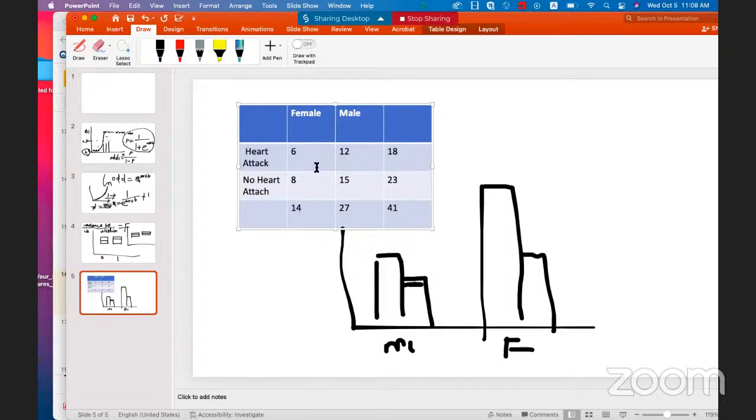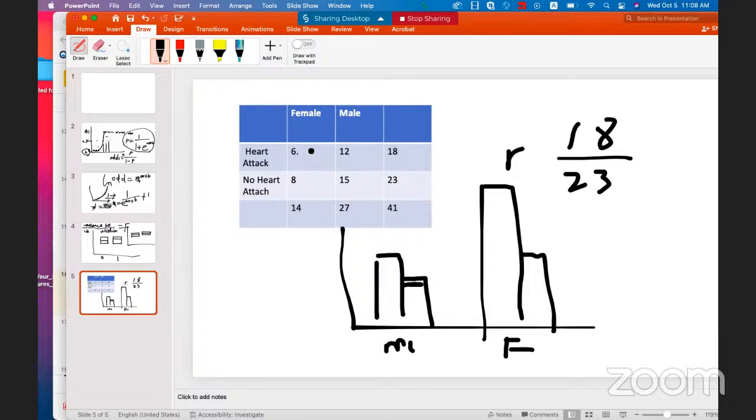So that should be this expected. Let's do this. 18 divided by 23. So I'll name it R, ratio.